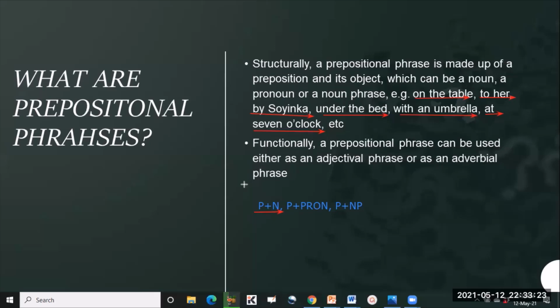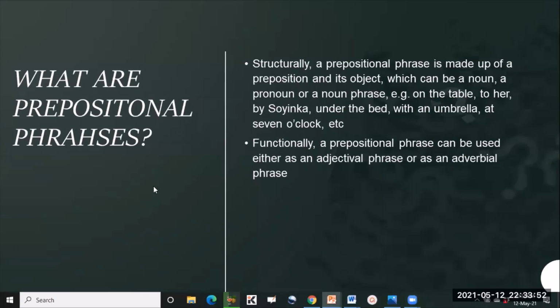Now, functionally, a prepositional phrase can be used either as an adjectival phrase or as an adverbial phrase. We shall be looking at all these when we examine the various functions, or the uses, of the prepositional phrase.